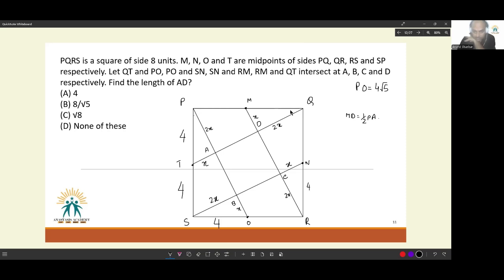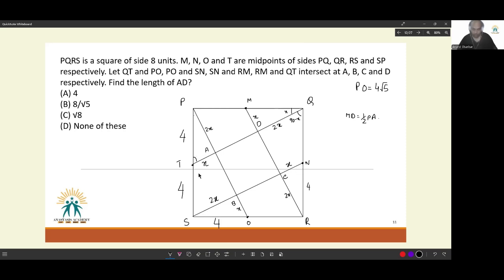If this is X, this is 90 minus X, because this is 90. And QT and SN are parallel, so this is also 90 minus X. So this is also X. Oh, why am I using X again?